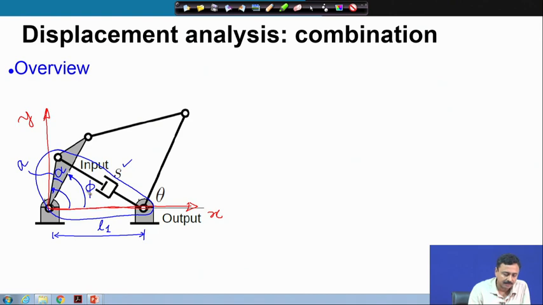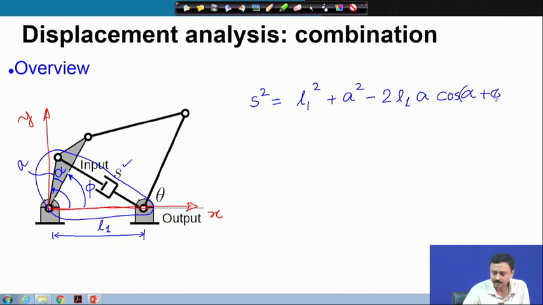Then given A, alpha and S, and of course, this length L 1, I will be able to find out the angle alpha plus phi using the cosine rule. S square is equal to L 1 square plus A square minus 2 L 1 A cosine of alpha plus phi.